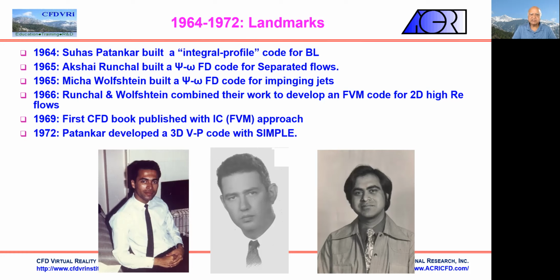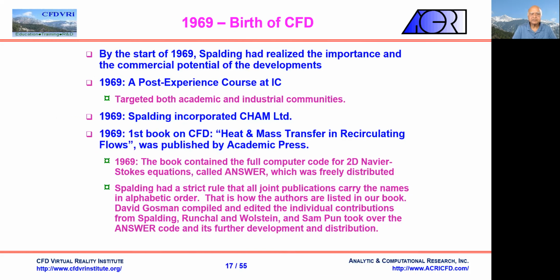In 1969, this was published in the first book on CFD that used the Imperial College approach. In 1972, the next development came when Spalding and Patankar developed a three-dimensional velocity profile primitive variable code called SIMPLE. And this revolutionized the use of Imperial College technology.